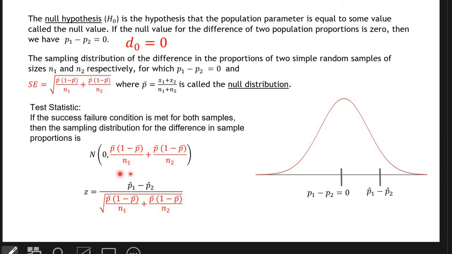So it's going to be a normal distribution with 0 as its mean and this as its variance, which is basically what's under the radical here. So we can calculate a z-test statistic in this case, which is just z equals the sample statistic, P hat 1 minus P hat 2, minus the null value, which in this case is 0, divided by the standard error.